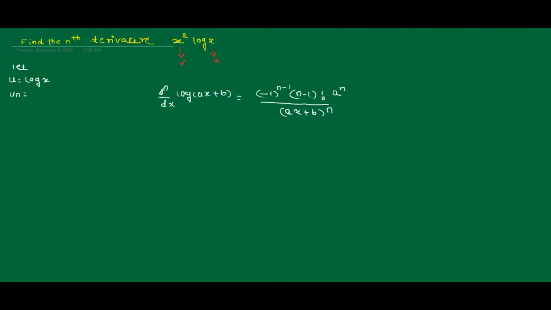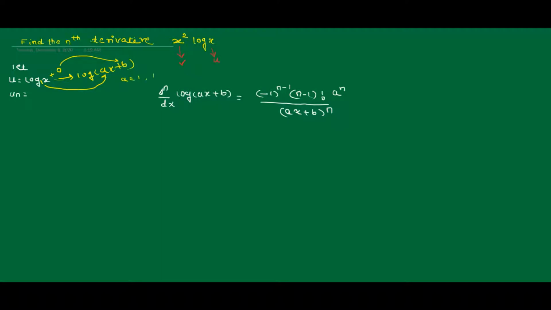So if you compare this log x with logarithm of ax plus b, the coefficient of x is 1 and this is nothing but the value of a, and here the term containing b is absent, so b is equal to 0. So here a is equal to 1 and b is equal to 0.